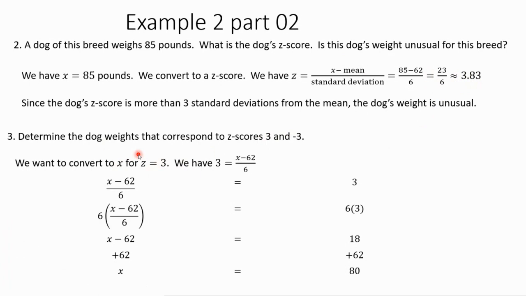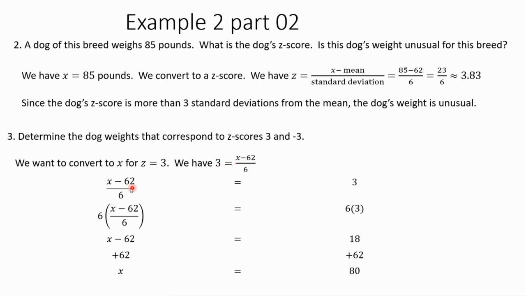So we want to convert this. For 3, we have 3 equals x minus 62 over 6. We want to find x.